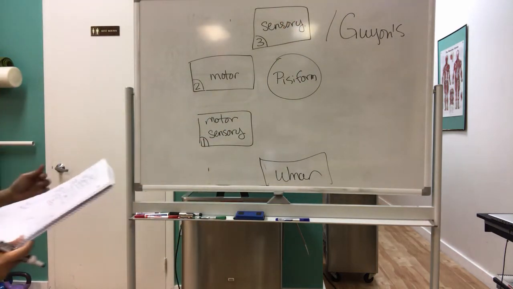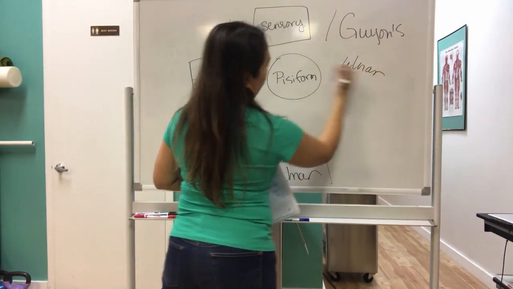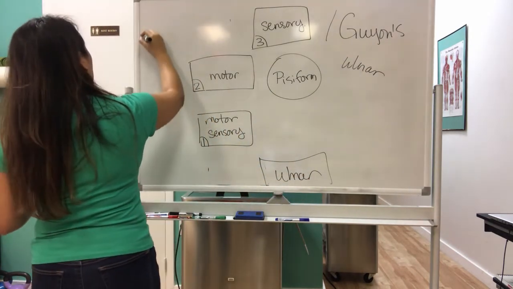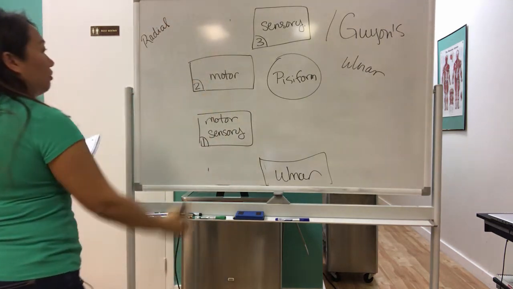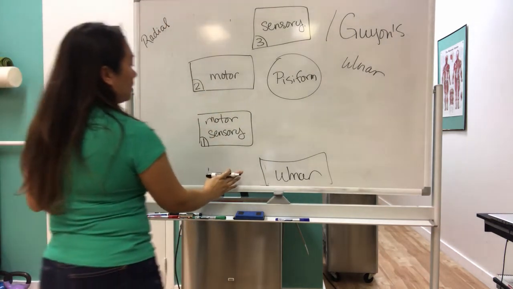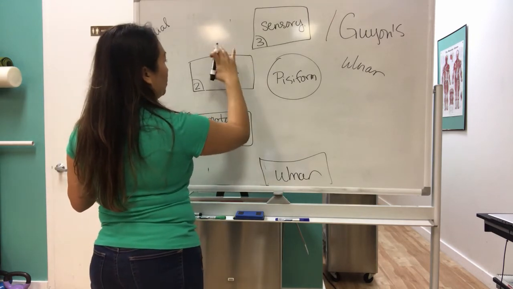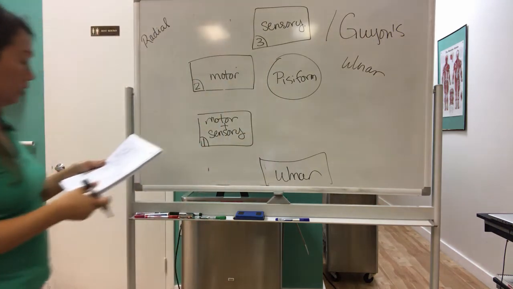Now, if I'm looking at this, this is going to be the ulnar side. Obviously, that's why I drew those other things for you. And then this is going to be the radial side. So that ulnar nerve passes through, and you see this branch is both motor and sensory, and then in zones 2 and 3, it divides. One is motor and one is sensory.